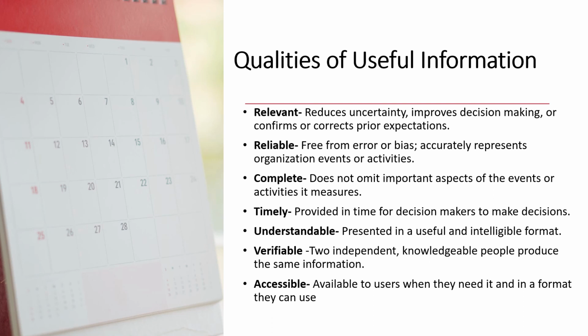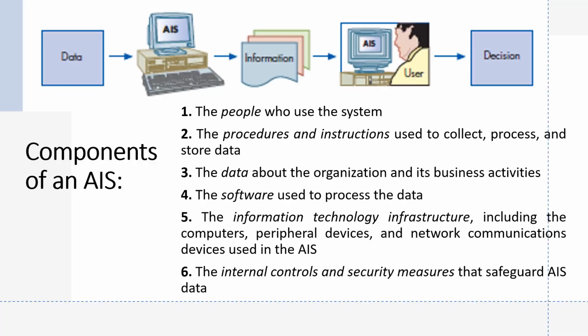That's the reason why we need an independent accountant or auditor to monitor whether the information is really useful, adding credibility, especially to the financial statements. And then the last, we have accessibility. This information is available to users when they need it and in a format they can use.